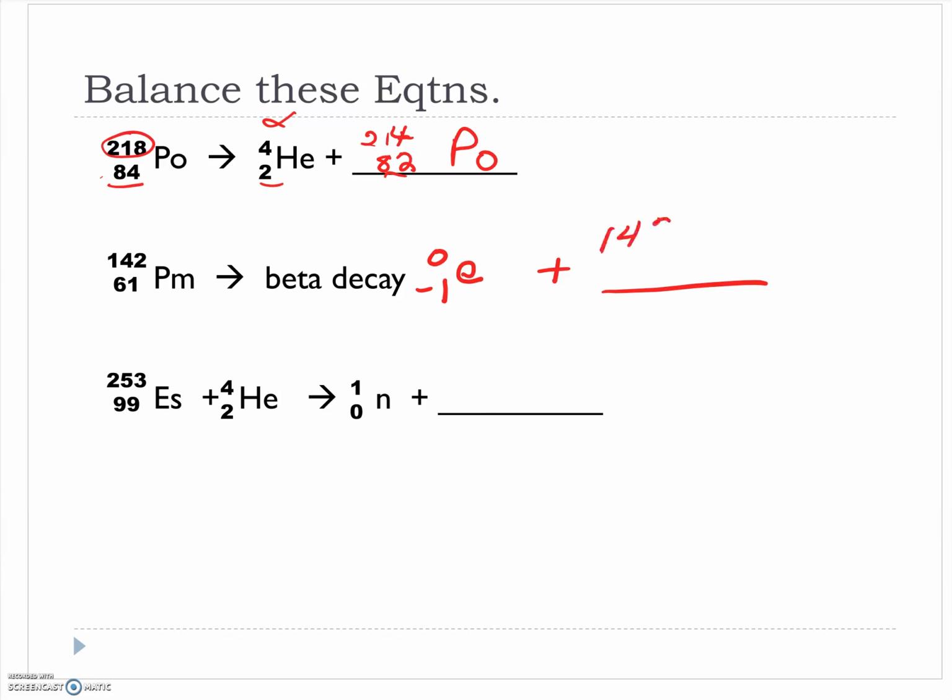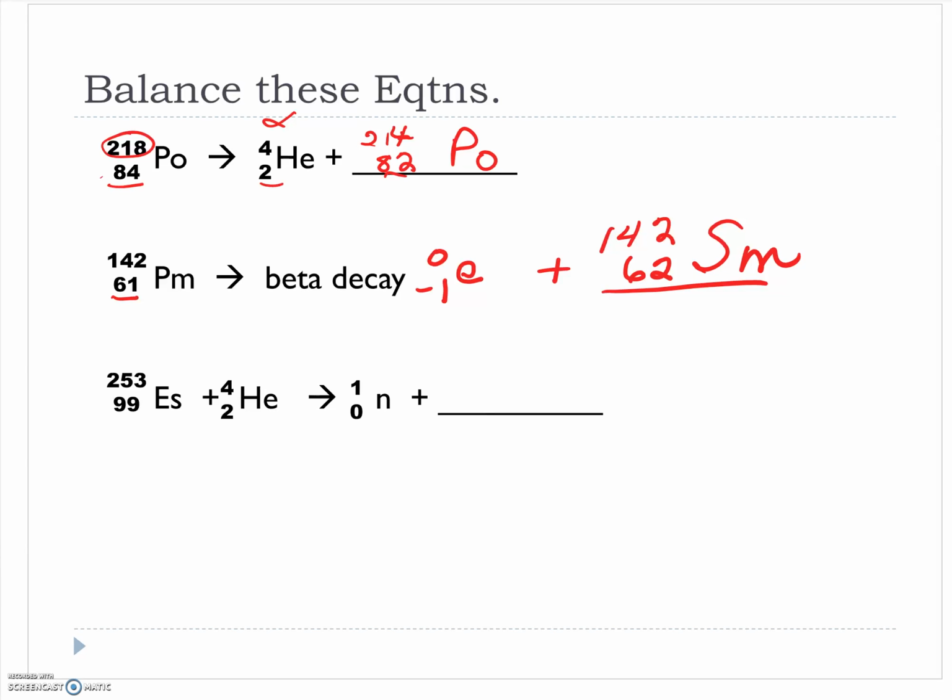Well, 0 plus 142 would be equal. Over here I have 61. What plus -1 gives me 61? It would be 62. Watch your integers. Number 62 on the periodic table is samarium. So be really careful with that -1.